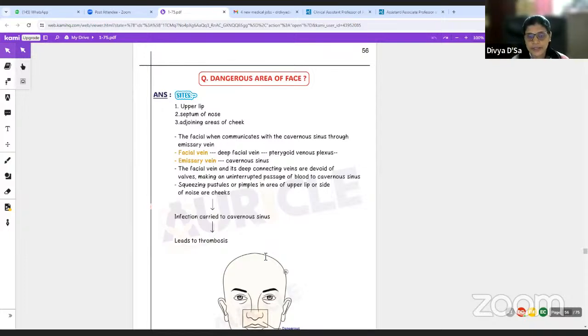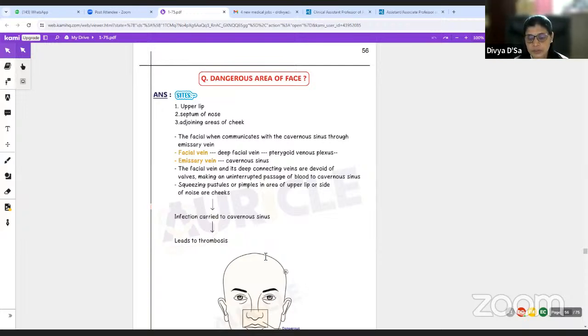So the facial vein communicates with the cavernous sinus through the emissary veins. How is it connecting? The facial vein is connected through the deep facial vein to the pterygoid venous plexus, and from the pterygoid venous plexus, through the emissary veins, it goes to the cavernous sinus. All this, the facial vein as well as its communications, do not have valves. You should keep it in mind.